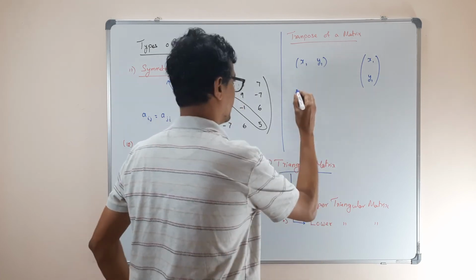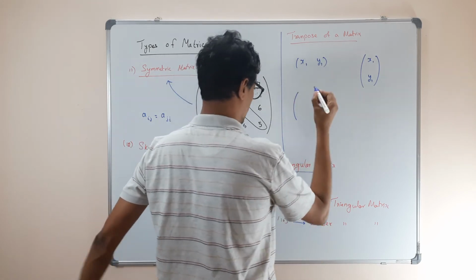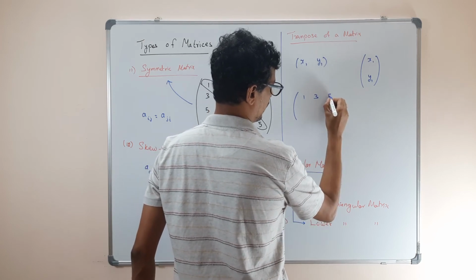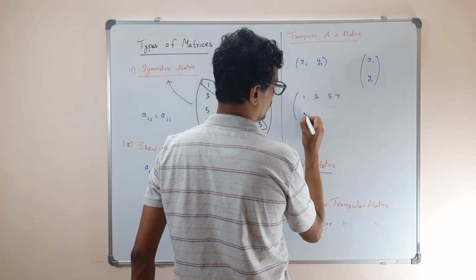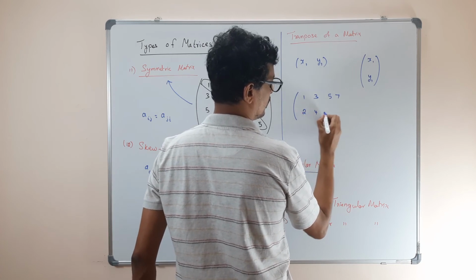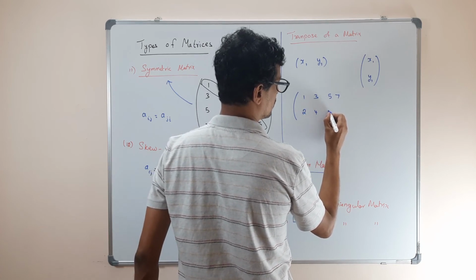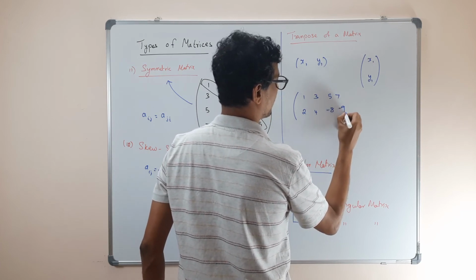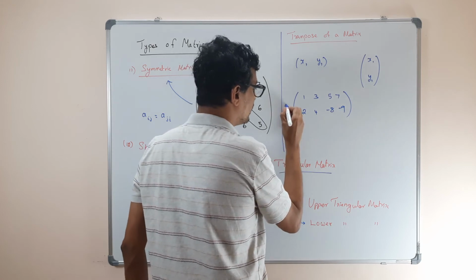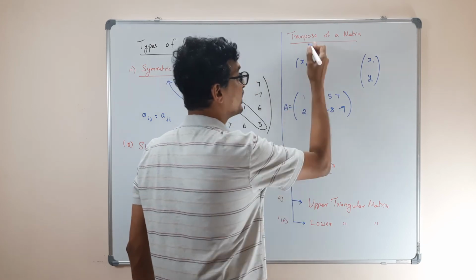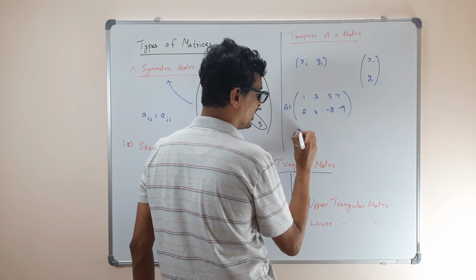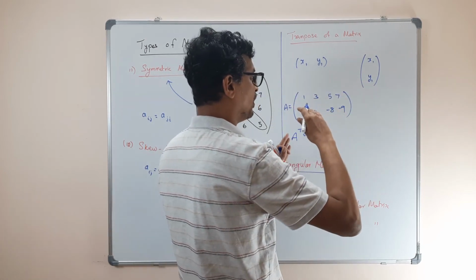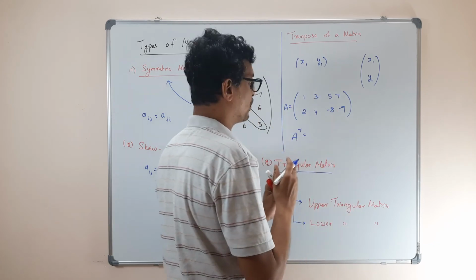For example, let us take a matrix as something like, give me some numbers. 1, 3, 5, 7. 2, 4, 9. You don't like minus numbers? Minus 8 and minus 9. Okay. So if I call this A, the transpose symbol is defined as A power T. Just convert the rows to columns and columns to rows.